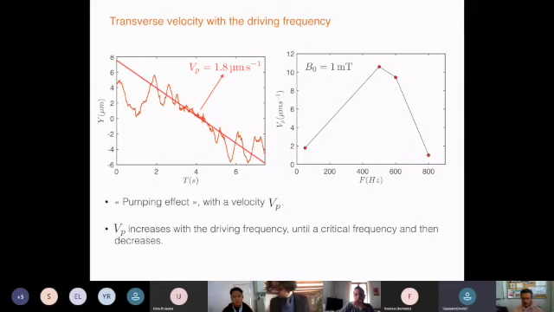So in the second figure, you see this pumping velocity as a function of the driving frequency of the field. You see that it increases linearly, and at some point it decreases, and that the transition occurs more or less at the same critical frequency as the critical frequency for the velocity.